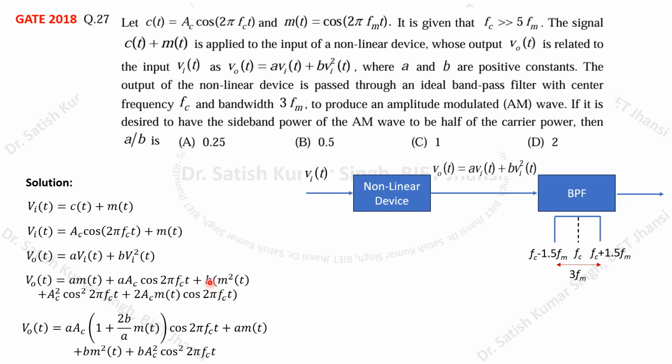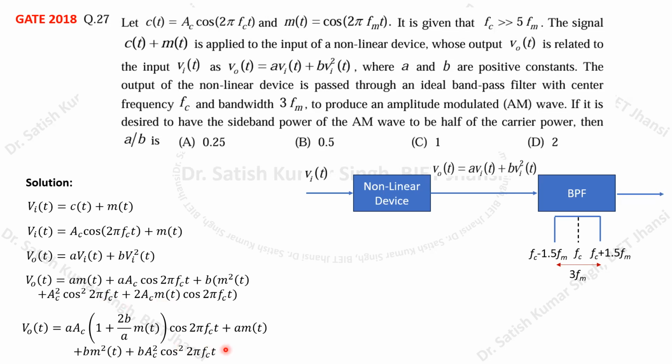If we expand this, it will be multiplied with b also, so we are going to get 2b Ac m(t) cos 2πfct. If we take a Ac common, you are going to get this particular term: a Ac [1 + (2b/a) m(t)] cos 2πfct, after considering these two terms. Then the rest of the terms are written over here: a m(t) + b m²(t) + b Ac² cos² 2πfct.